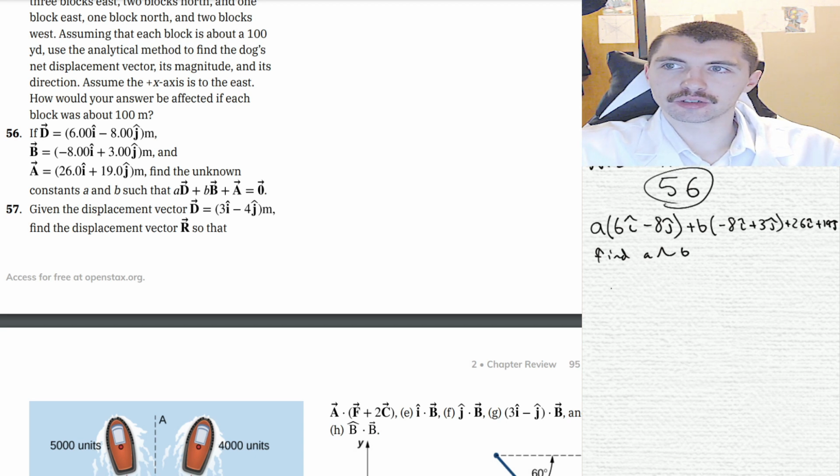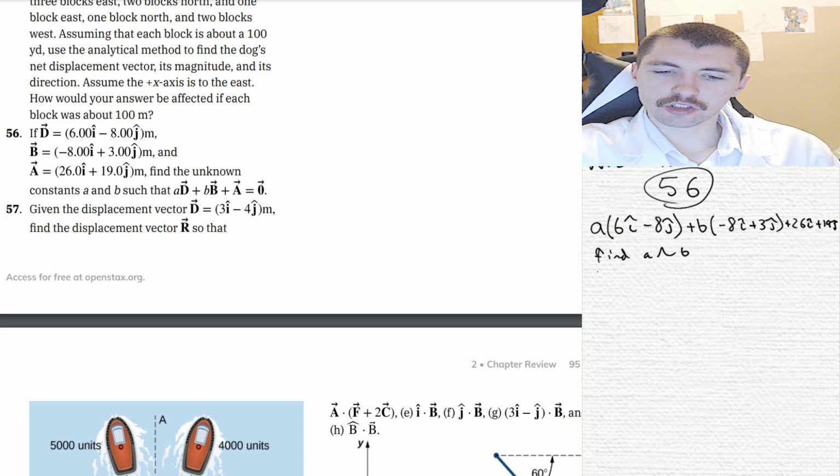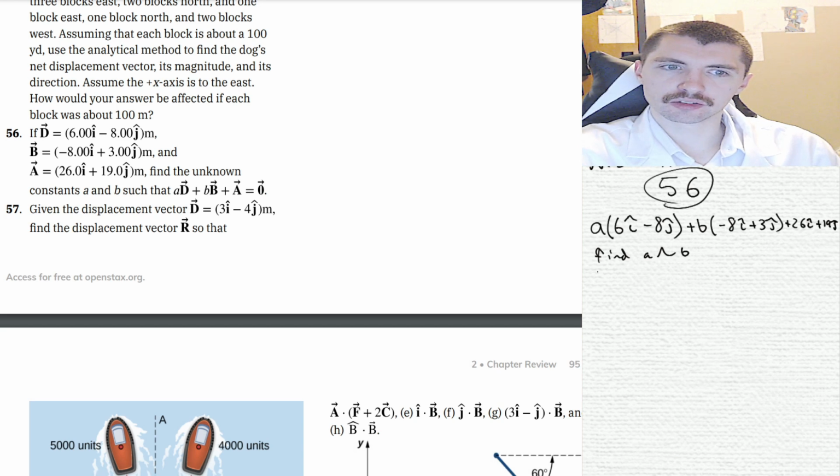So that equals 0. And you can't divide vectors. Don't think you can divide vectors.